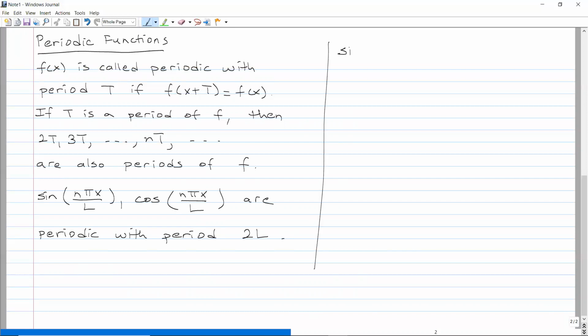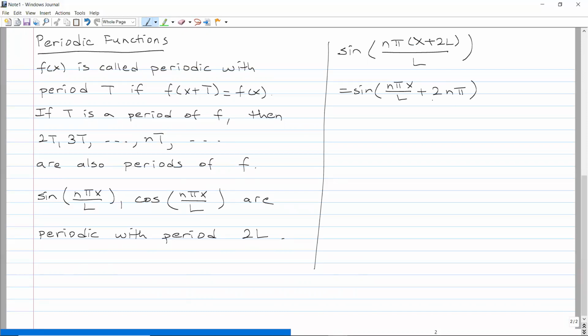If you consider sine of n pi times x plus 2L divided by L, this is sine of n pi x over L plus 2n pi.